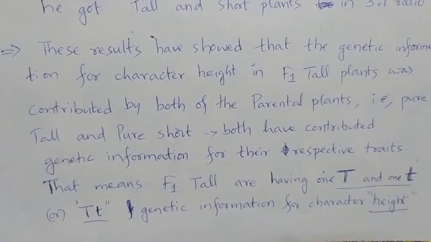But what was the expressed outcome of this character height? Intermediate height or short height or tall height? Tall height. Right? Though this F1 plant has genetic information for both of the traits, both tall and short, it is expressing only tallness in the F1 generation.